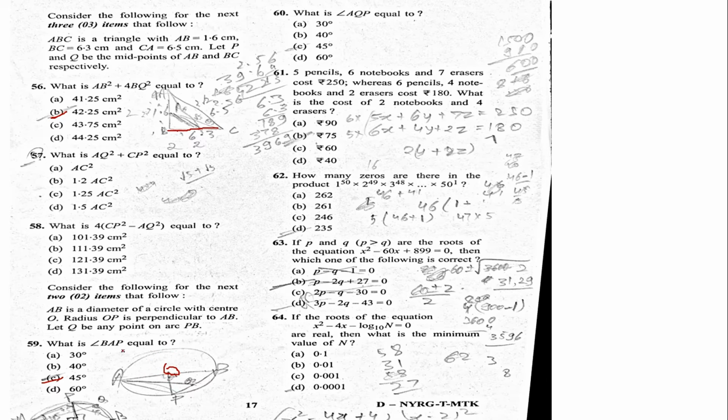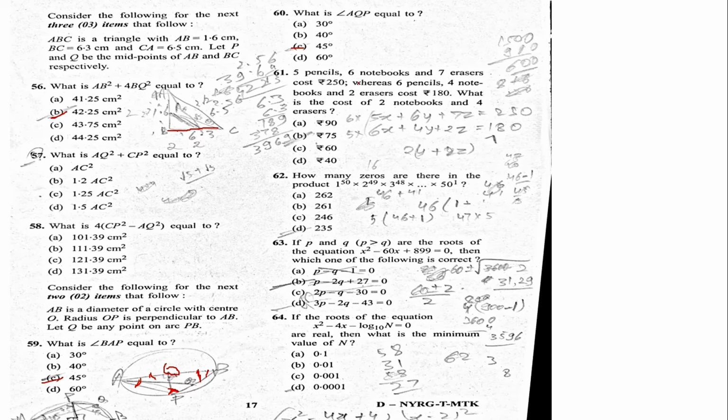The angle in a semicircle is 90 degree. These are the radii and both are equal, so these two angles will also be equal. So 45 will be there, and AQP similarly will also come out to be 45 degree.